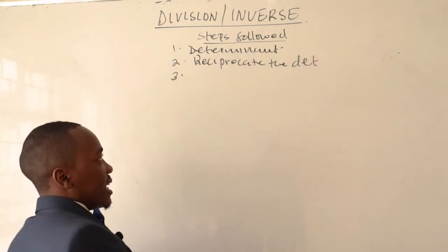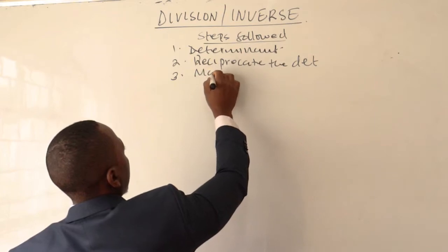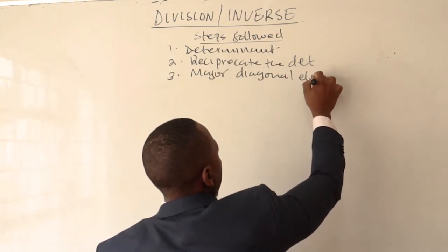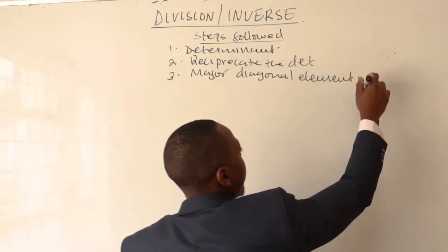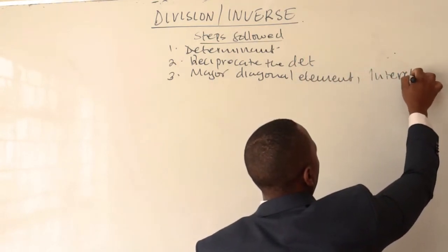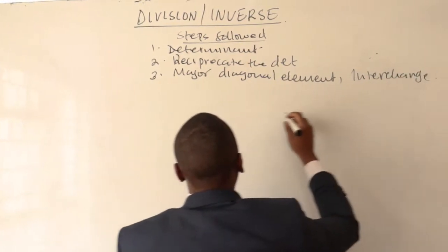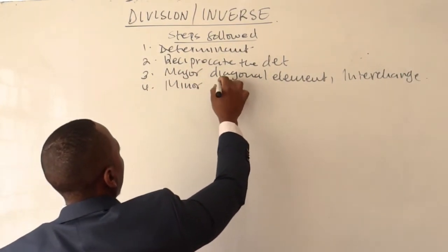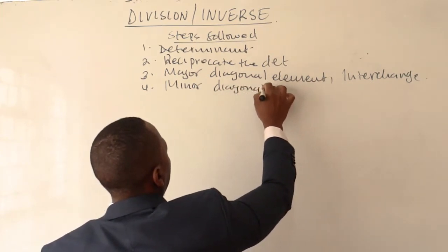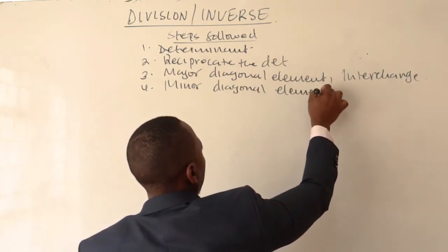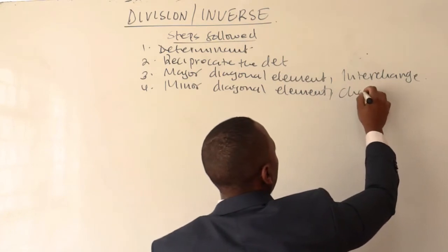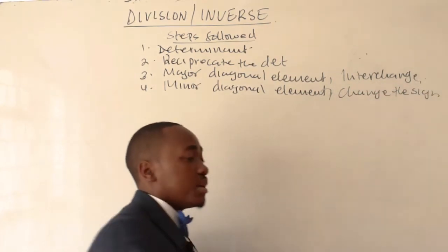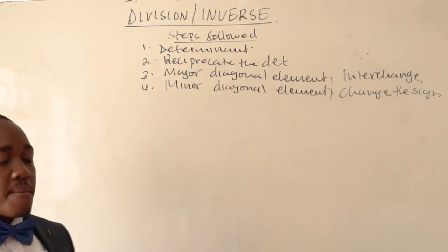Step number 3, for the major diagonal elements, you just interchange them, but for the minor diagonal elements, you change the sign. Those are the steps when getting the inverse of a matrix.